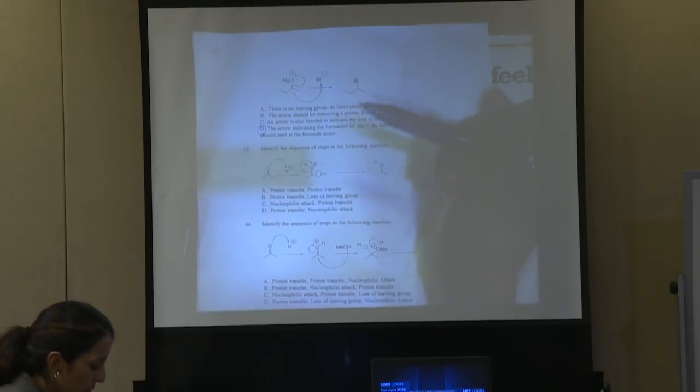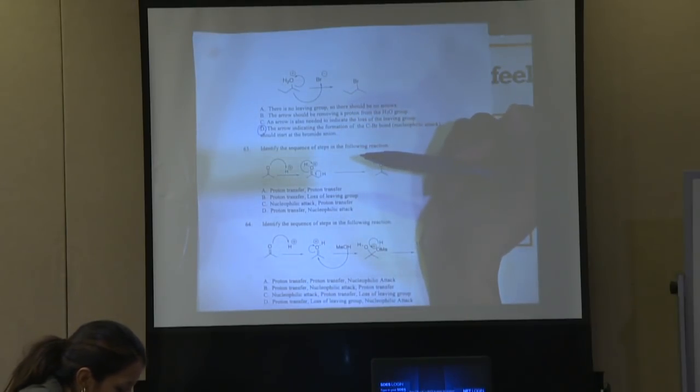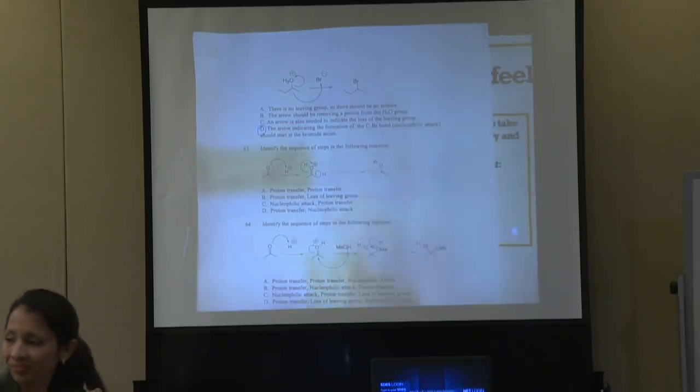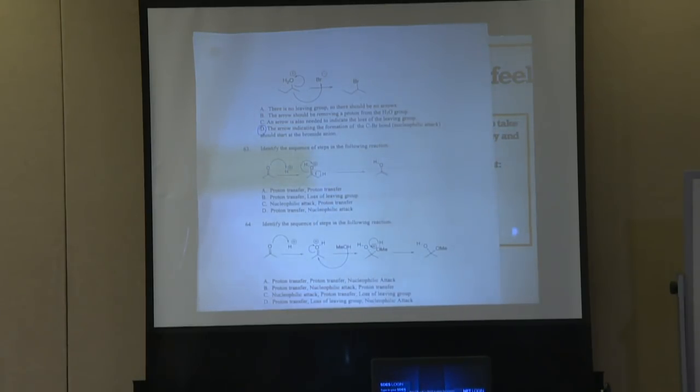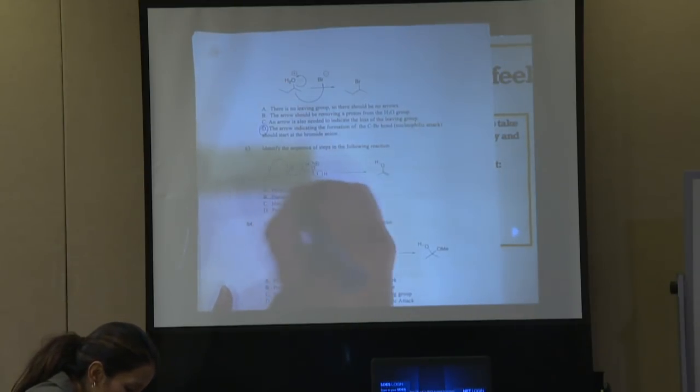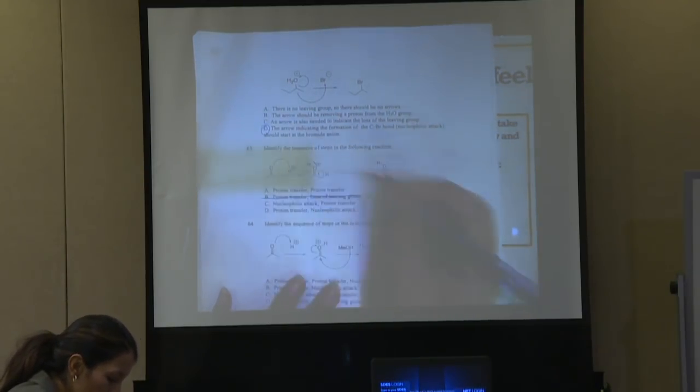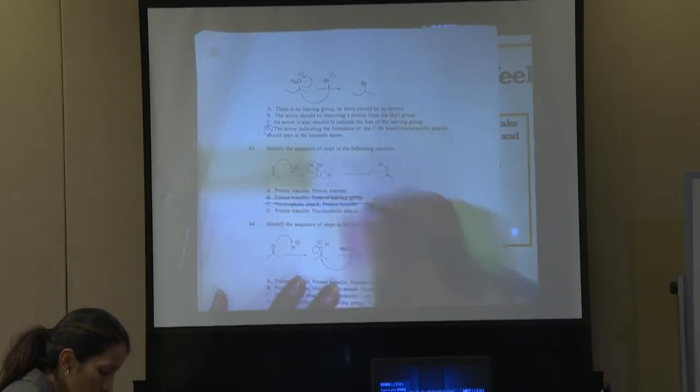And then loss of a leaving group? Are you sure? Is anything leaving? Are we losing a group? So can that be loss of a leaving group? No. So it's not a loss of leaving group, so we know B is out. We said the first one is a proton transfer, so C is out.